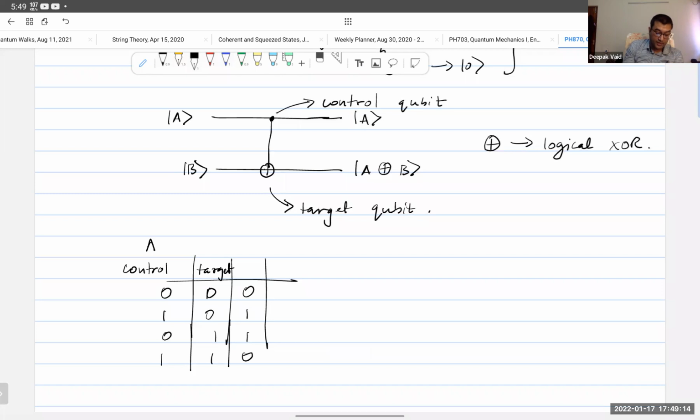So this is A, this is B, and the third column is A XOR B.